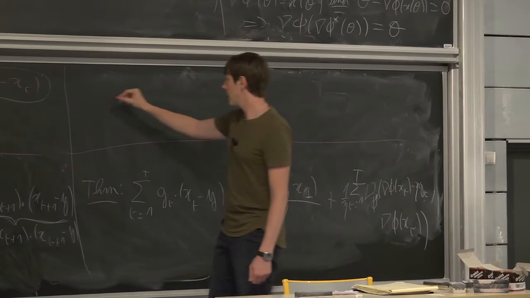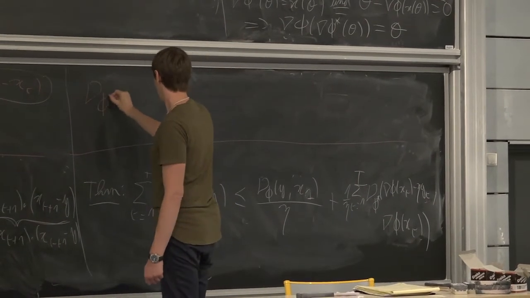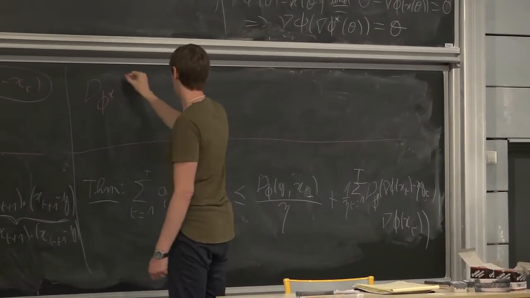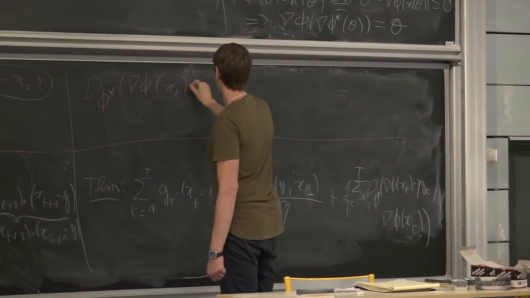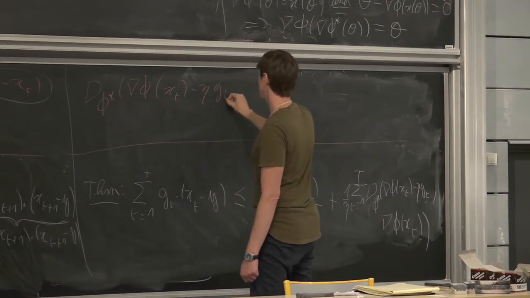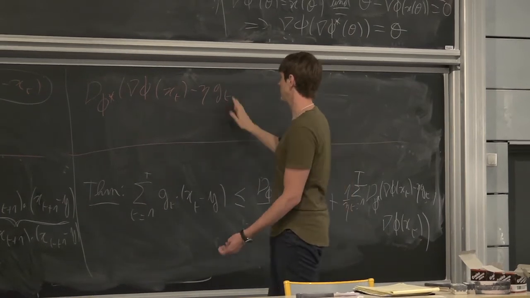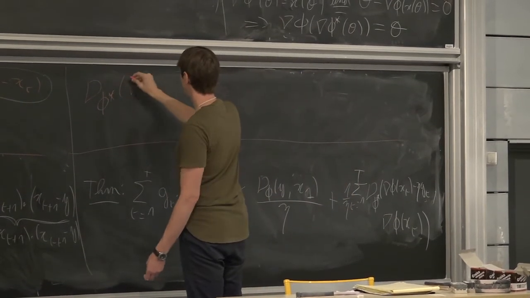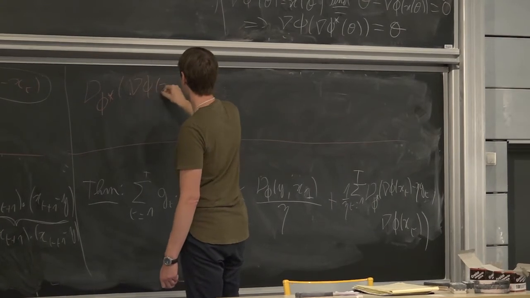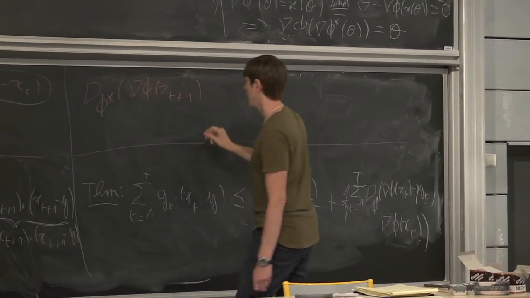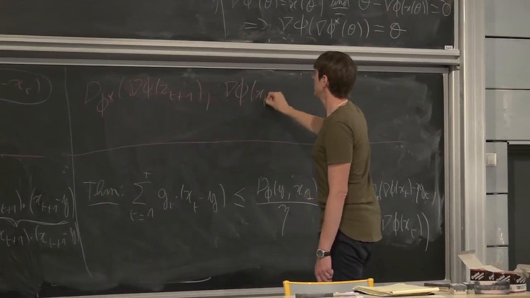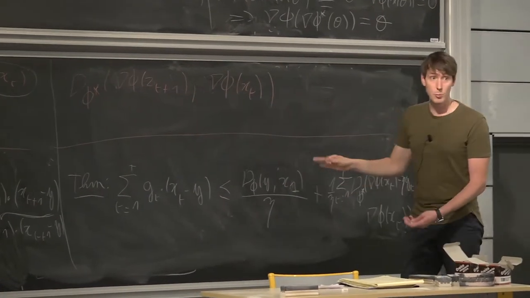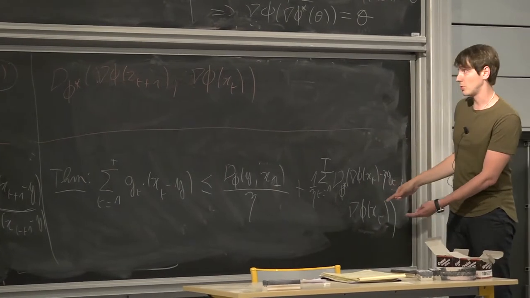So the Bregman divergence between phi star of grad phi xt minus eta gt. Oh, we have a name for this. This is grad phi of zt plus 1. Oh, yeah, okay, we're there. Right, we are allowed to have a remainder term.